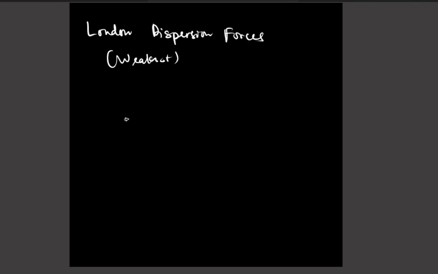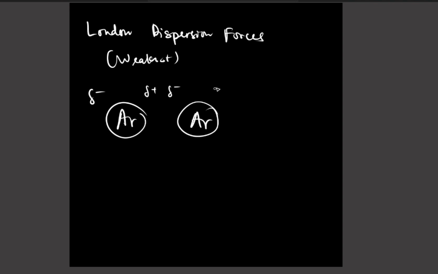So basically, let's take a look at argon. These are absolutely non-polar, and they're not going to bond with each other. They're noble gases. However, when we smash them all together, they can have instant dipoles arise, right? Just in an instant moment.